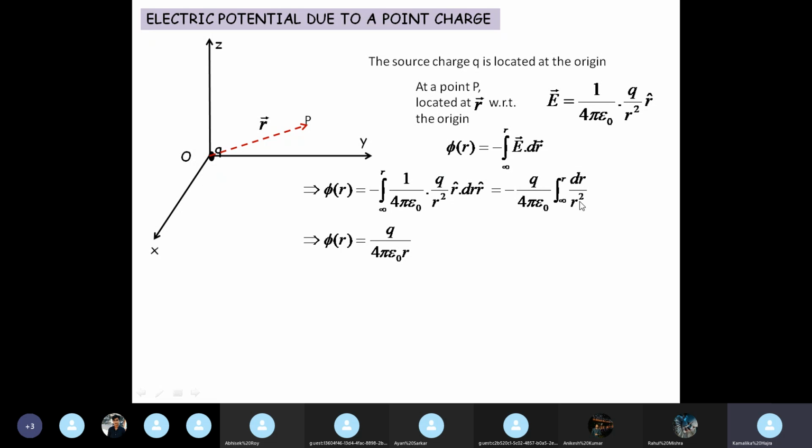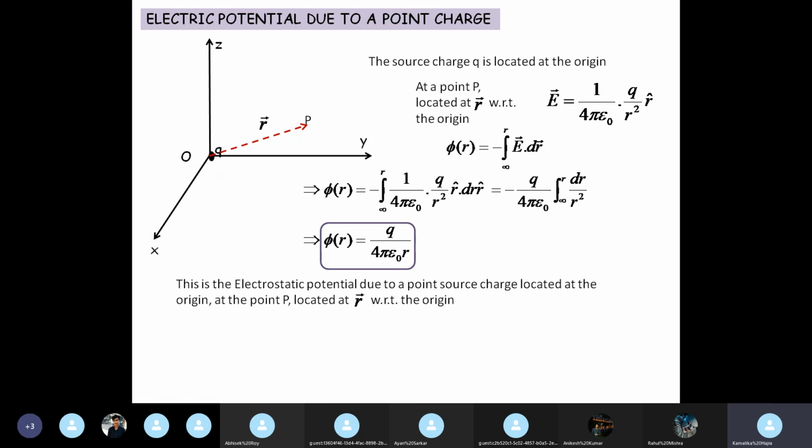This integration will give you minus 1 by r. So the minus and minus cancel, and you are left with the expression phi of r equals Q by 4 pi epsilon naught r. This is the expression of the electrostatic potential due to a point source charge Q located at the origin at a distance r from it.